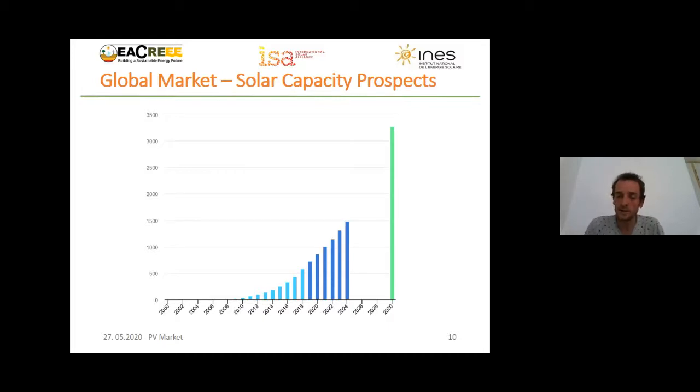You can see here that around the year 2020, we find our number of around 700 gigawatts of installed capacity, which is increasing year to year. The IEA projects that in 2030, we will have more than 3,000 gigawatts of installed capacity. That means multiplying by more than 4 the installed capacity that we have today in about 10 years. So it's a dramatic growth, of course.